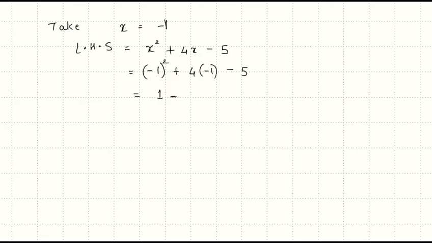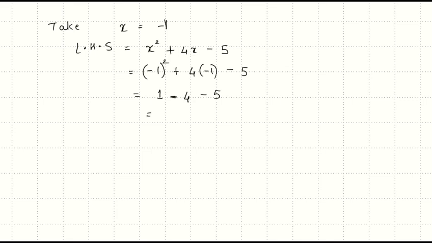Take x is equal to minus 1 and solve it in LHS. LHS is x square plus 4x minus 5. Solve it, x square, that is minus 1 square, plus 4 into minus 1 minus 5 is equal to 1, since minus 1 into minus 1 will give us 1, minus plus into minus is minus, 4 into 1 is 4, and this minus 5.